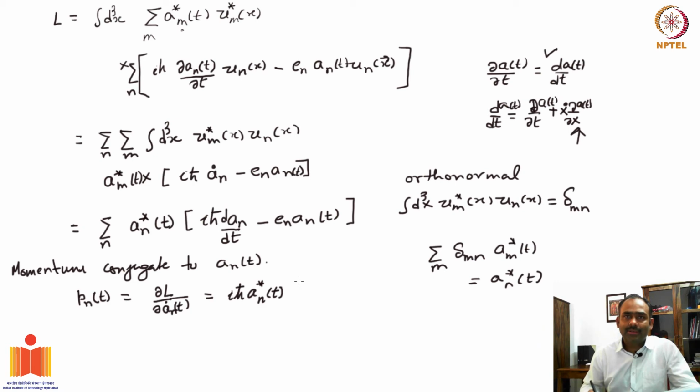Now, I can construct the Hamiltonian, that is straightforward. So, the Hamiltonian of this system now, I am not talking about the Hamiltonian of single particle quantum mechanics, I am talking about the Hamiltonian of this system, and that I will write as capital H. Okay.